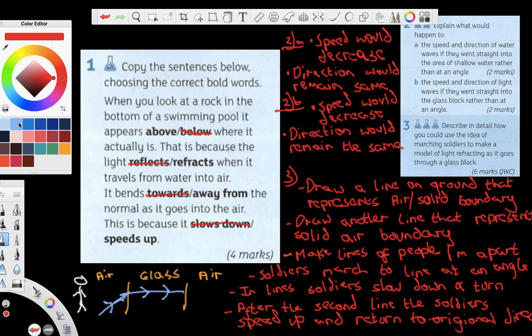Okay? So the light would then go at that angle again. And that would show refraction.